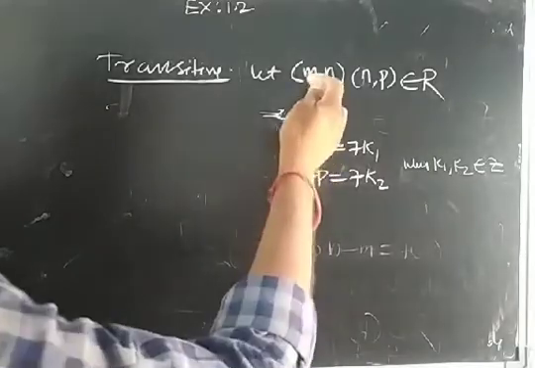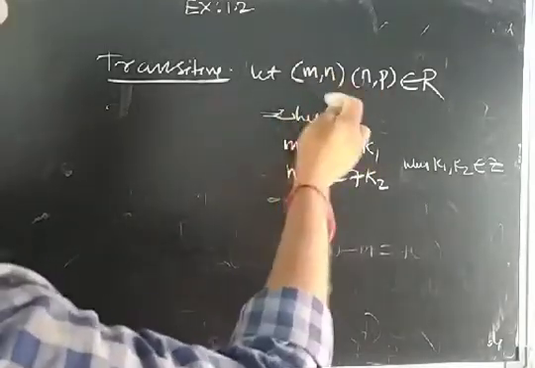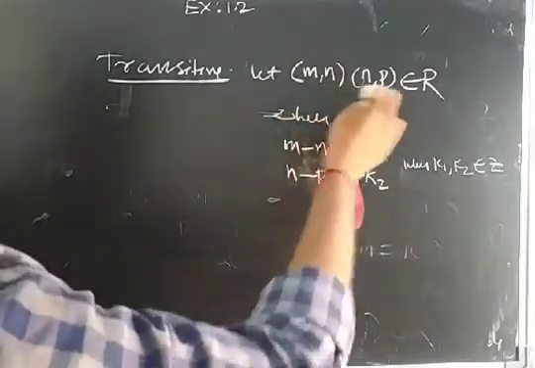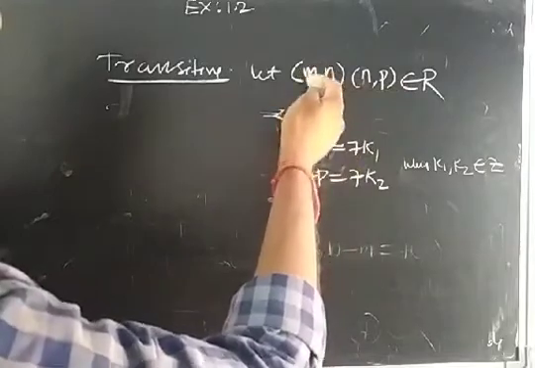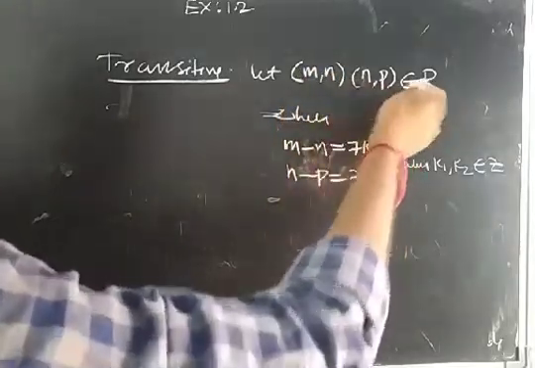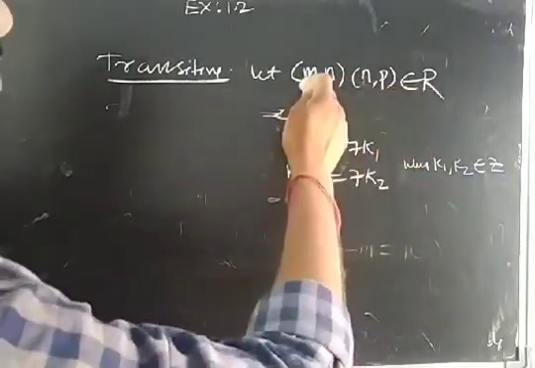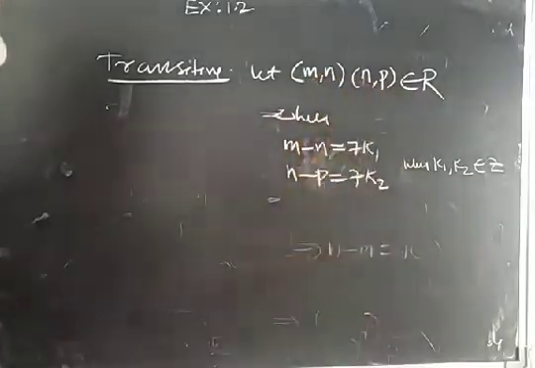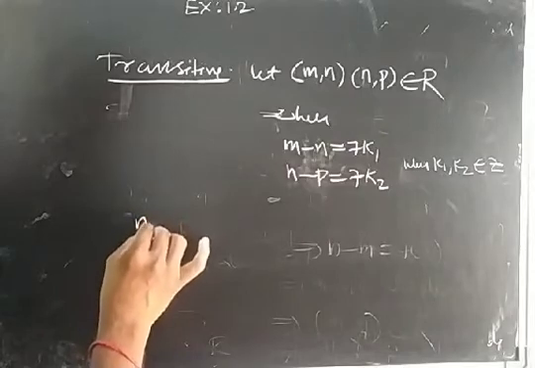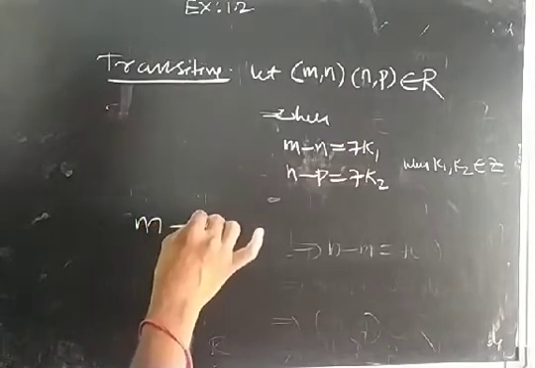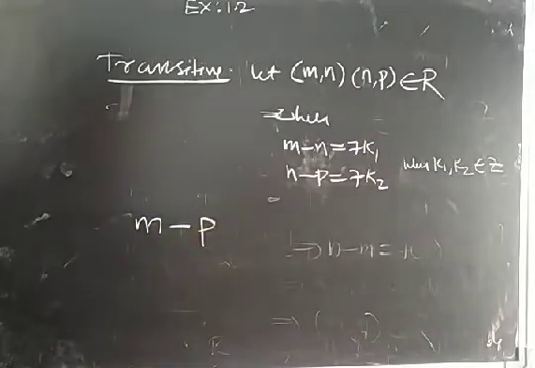Now what I need is to construct one new ordered pair (m, p). I have to show (m, p) also belongs to R. (m, p) belongs to R means we should show m minus p is also a 7 multiple. Then only we can write (m, p) belongs to R. So first I am checking the condition m minus p: is it a 7 multiple or not?